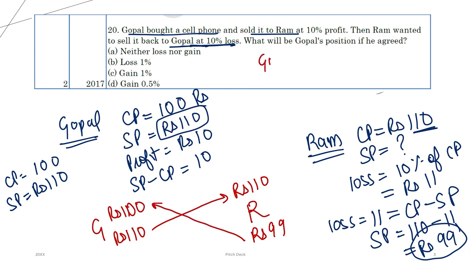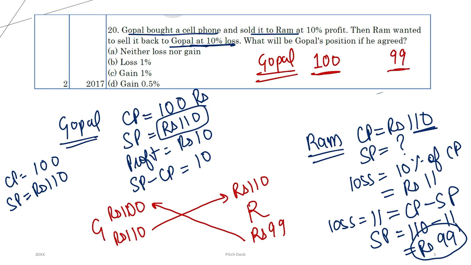So what is the position of Gopal? Gopal bought the phone for 100 rupees, but after the transaction, he is getting it back for just 99 rupees. So does he have a better position or a worse position? Obviously, a better position. He has made a gain out of it, right? I hope it is clear.